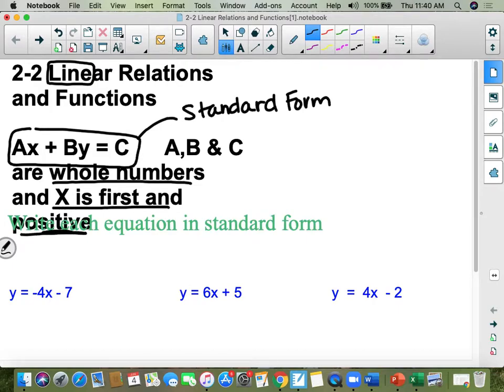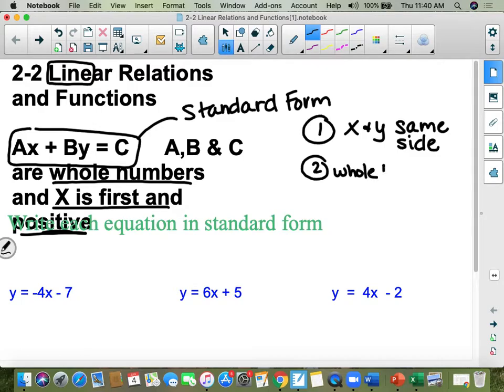So here are the steps. Number one, we want the x's and y's on the same side. Number two, we want whole numbers, which they are, and we want x to be first and positive.